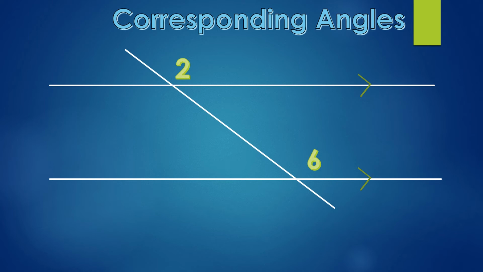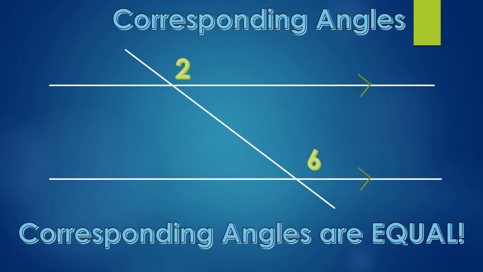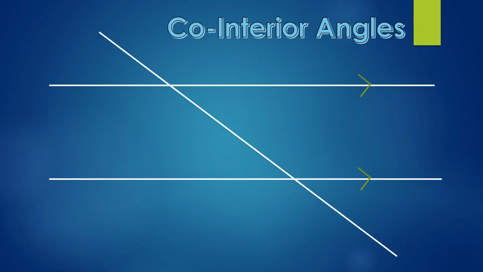And they look like the exact same angle. And that's for good reason, because corresponding angles are equal. So if I told you angle 2 was 135 degrees, angle 6 would also be 135 degrees, because corresponding angles are equal.